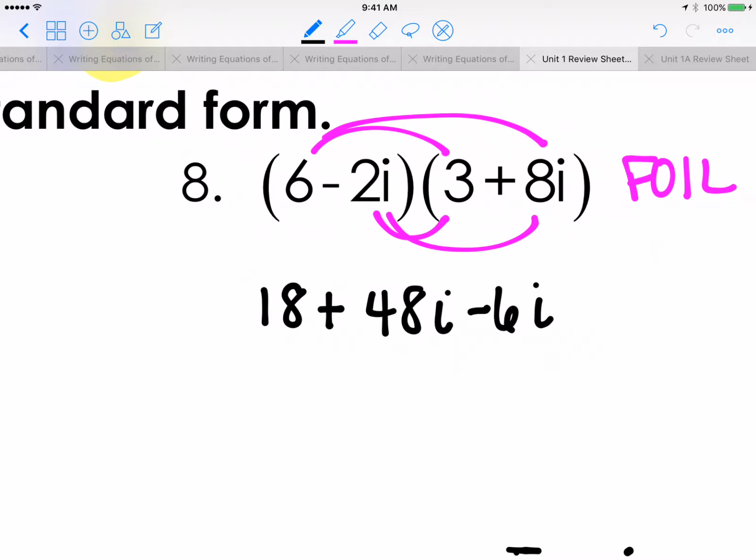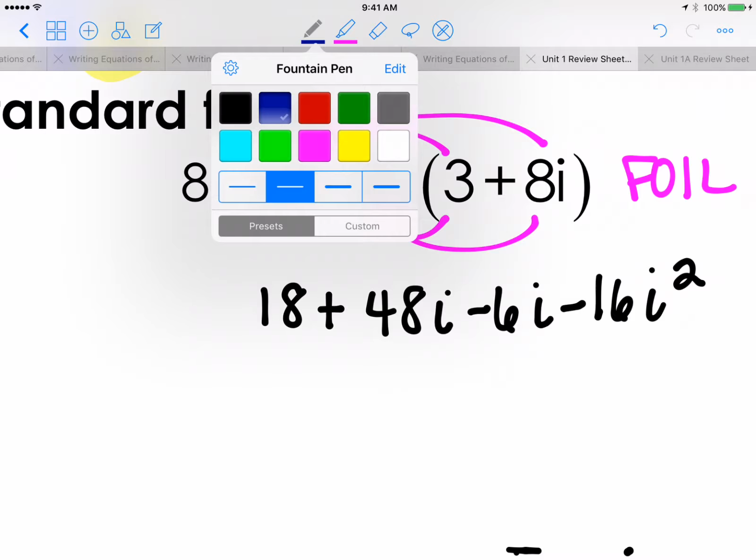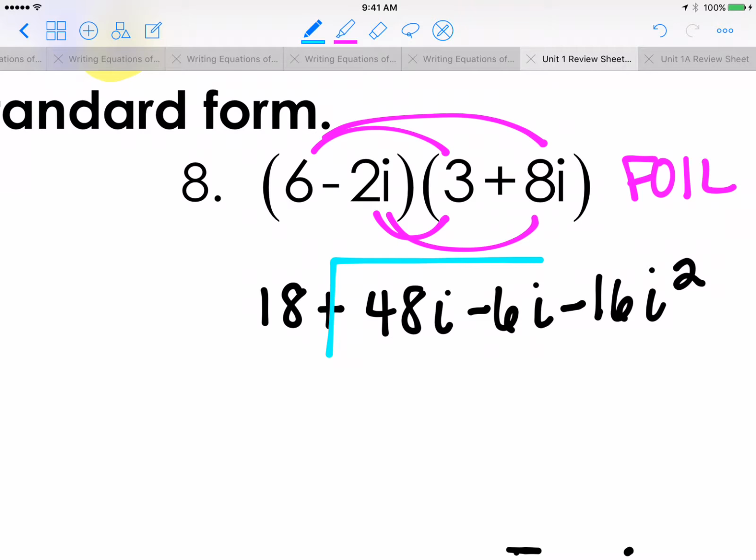And a negative 2i times 8i is a negative 16i squared. So now let's combine like terms. So 48i minus 6i is going to give us 42i.